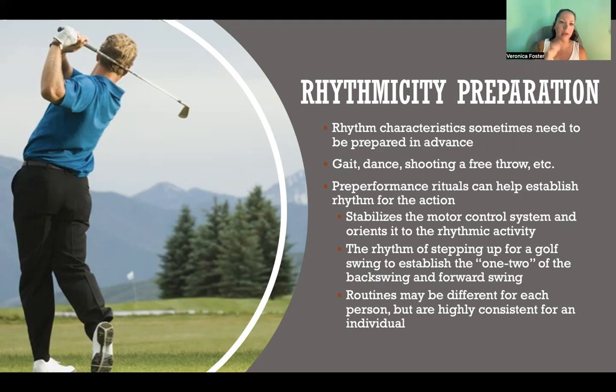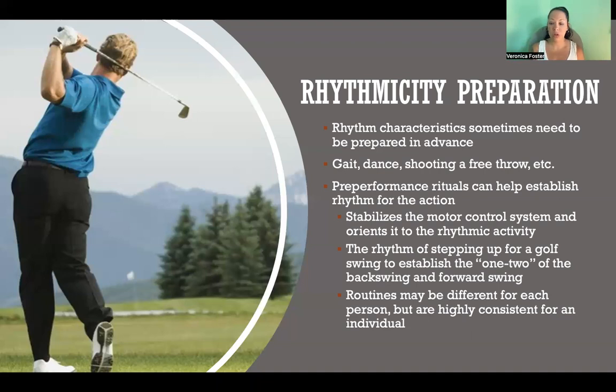It could be dribbling on rhythm right before a free throw to get the rhythm down, to help with the timing of the action that you're about to complete. Now, what's interesting is routines are extremely different from one individual to another because it depends on what works for that person and what they've developed in practice. But those routines are extremely consistent from one trial to another.